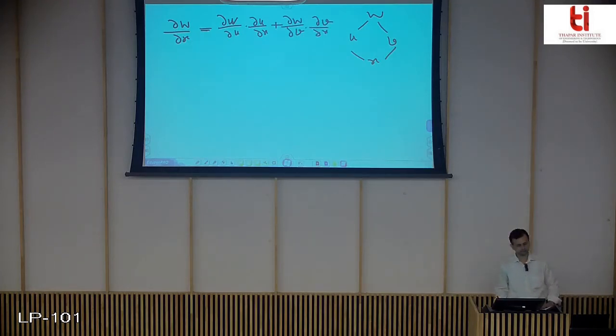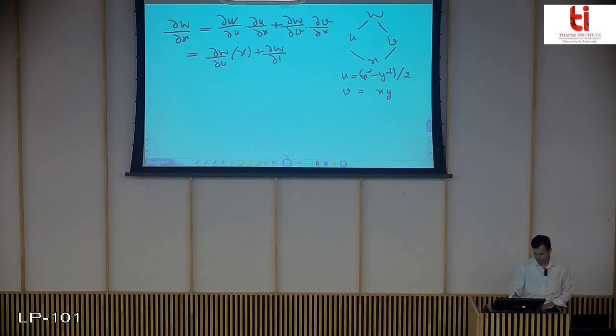Again, for your convenience, I am writing the values of u and v: u is given by (x square minus y square) by 2, and v is given to be xy. So del u by del x is x, and del v by del x is y. So this is basically equation number 3 that gives you the derivative of w with respect to x.